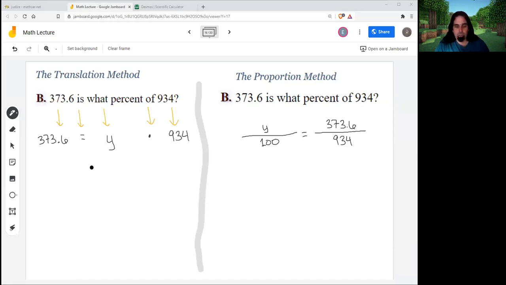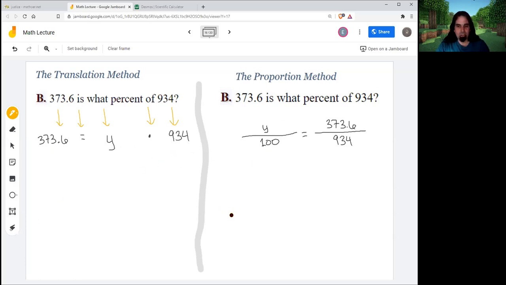For the translation folks, how did you finish solving the problem? Something is y times something else. Are there no translation folks?